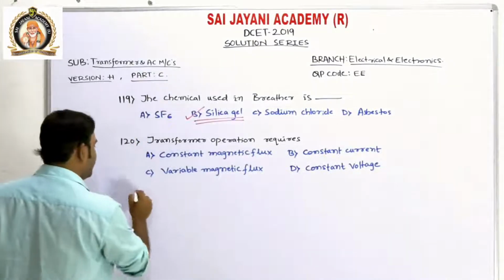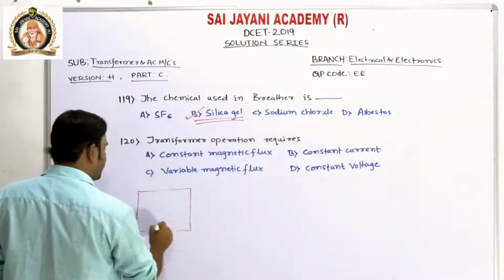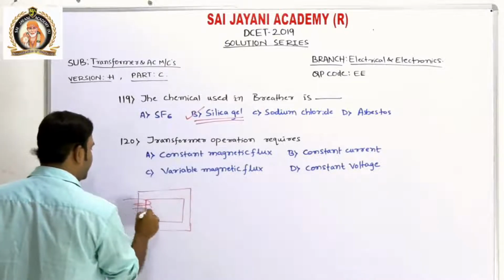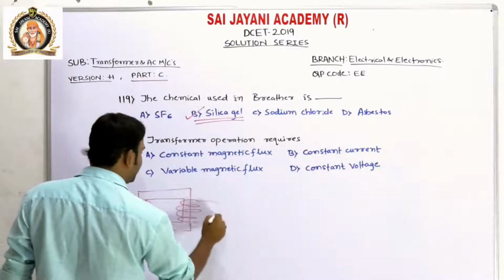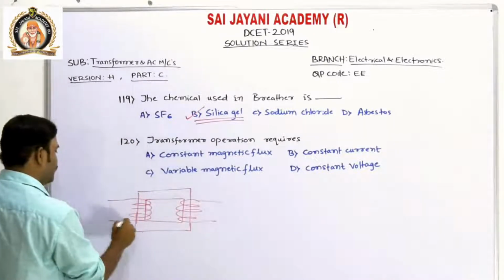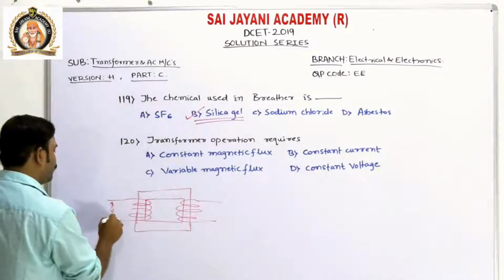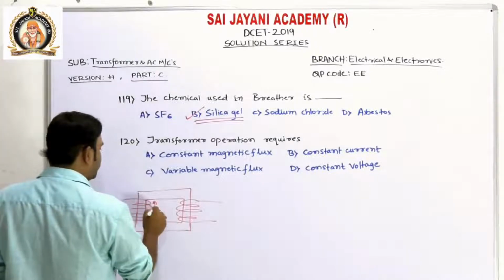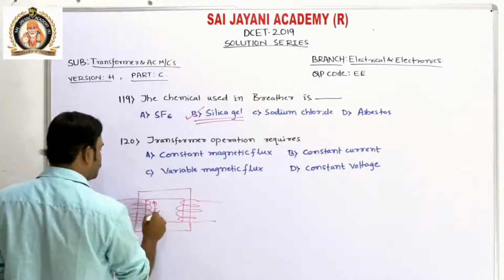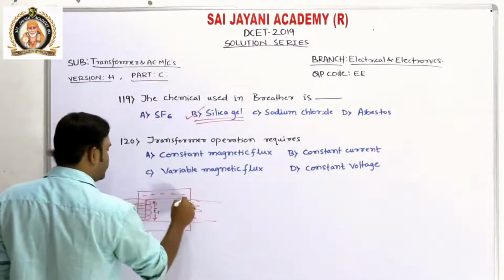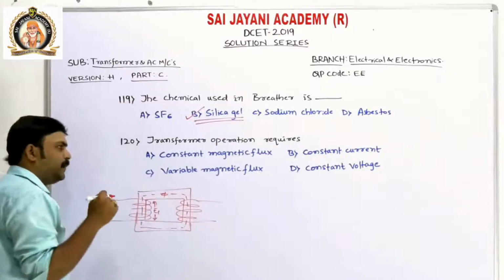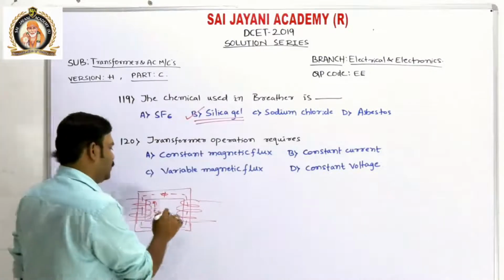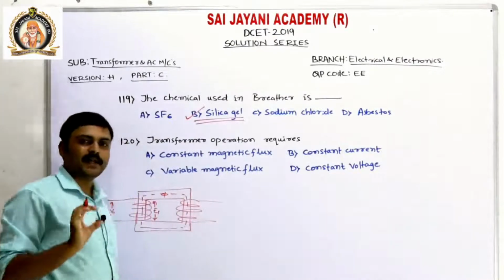But transformer is a static device. As you know, transformer is a static device. It requires stationary induced EMF. Here we apply alternating voltage, and alternating EMF is induced in the primary. Because of that, flux is created. If this flux is constant, then there will be no induced EMF in the secondary.